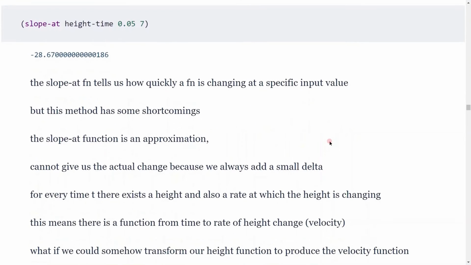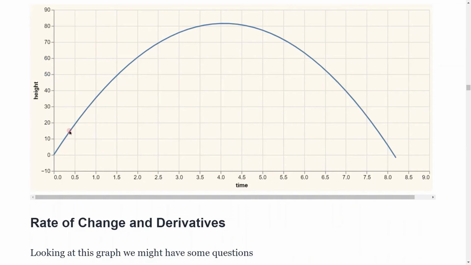But this method has a shortcoming. It's an approximation. It is possible to draw a tangent line for any point on our height curve. So just as our height is a continuous function of time, the slope is also a continuous function of time. So perhaps we could somehow transform our height function into a slope function, a function that takes only time and returns the value of the slope.